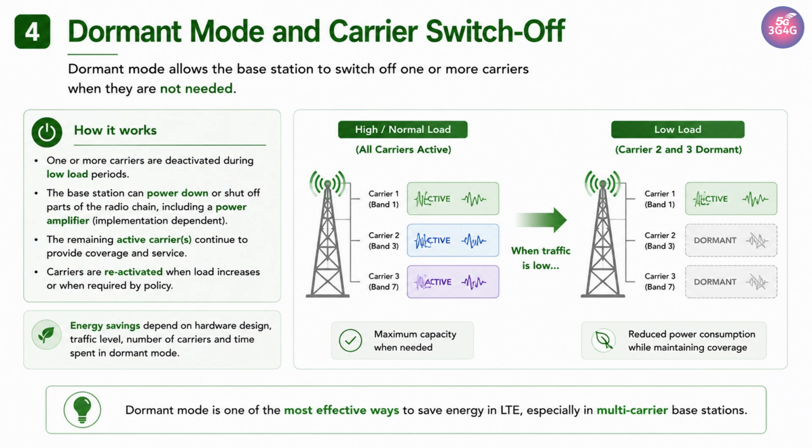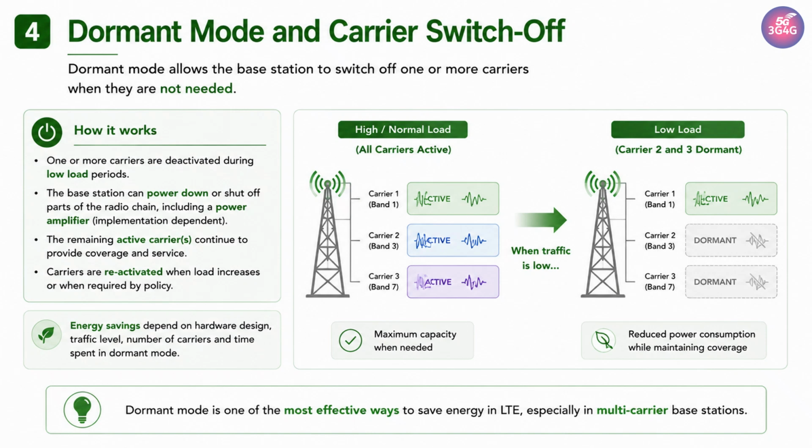But during low load periods, one carrier may be enough to carry the available traffic. So the network can deactivate the unused carriers. This can reduce energy consumption because deactivating a carrier may allow parts of the radio chain to be powered down. In some implementations, it may allow a power amplifier to be powered down or completely shut off.